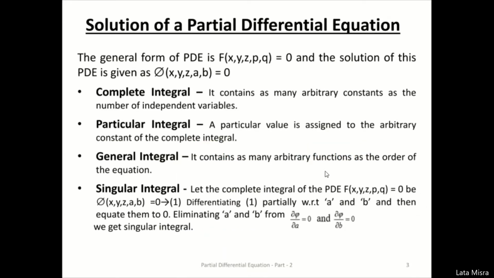Now the solution of partial differential equation. We know that a partial differential equation is formed by eliminating constants.